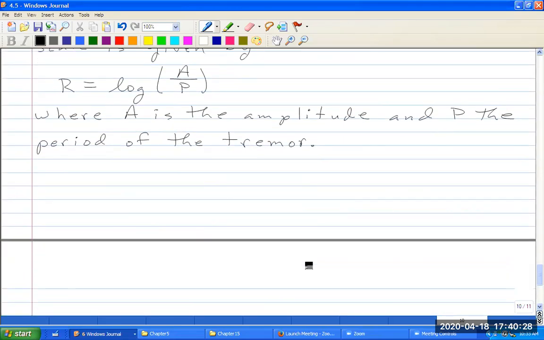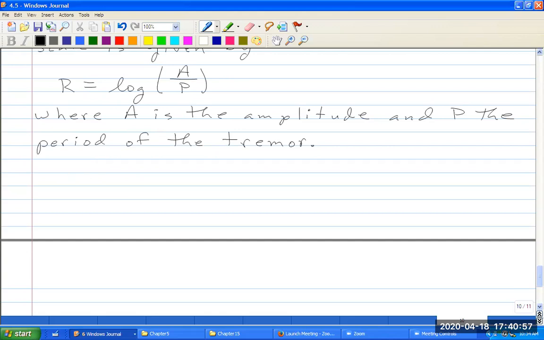The Richter scale is R equaling log A over P, where A is the amplitude and P is the period of the tremor. Okay, so I start out with a, why is it not moving? Here it is. Good. It started to move again.